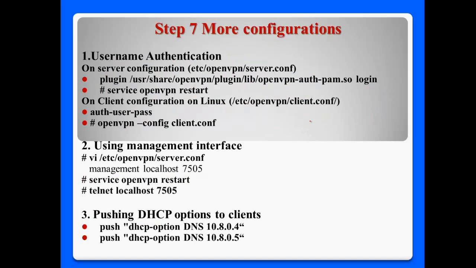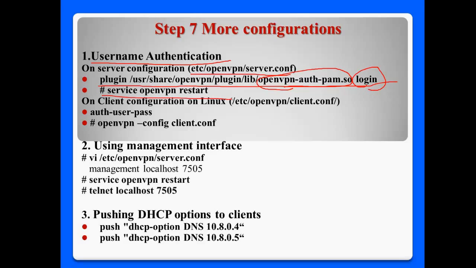Step 7, more configurations. Number 1: in step 4 and step 5, I showed you the VPN connection using certificates. But if we want to use username authentication, in the server's file we need to add this line: plugin /usr/share/openvpn/plugin/lib/openvpn-auth-pam.so and the login service.